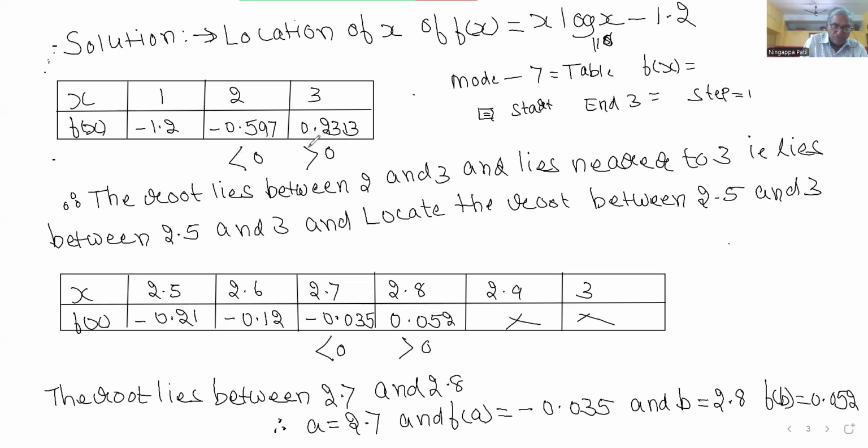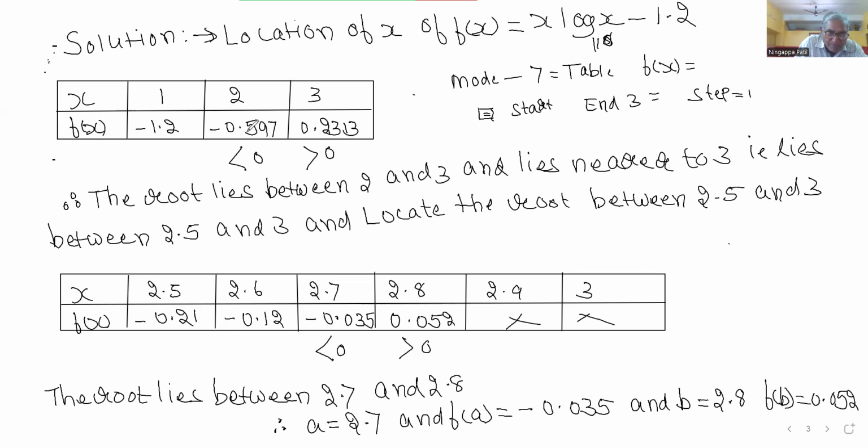Whenever f(a) is less than 0 and f(b) is greater than 0, then always one real root lies between a and b. That is the fundamental theorem of algebra. Therefore, you write that the root lies between 2 and 3 and lies nearer to 3.